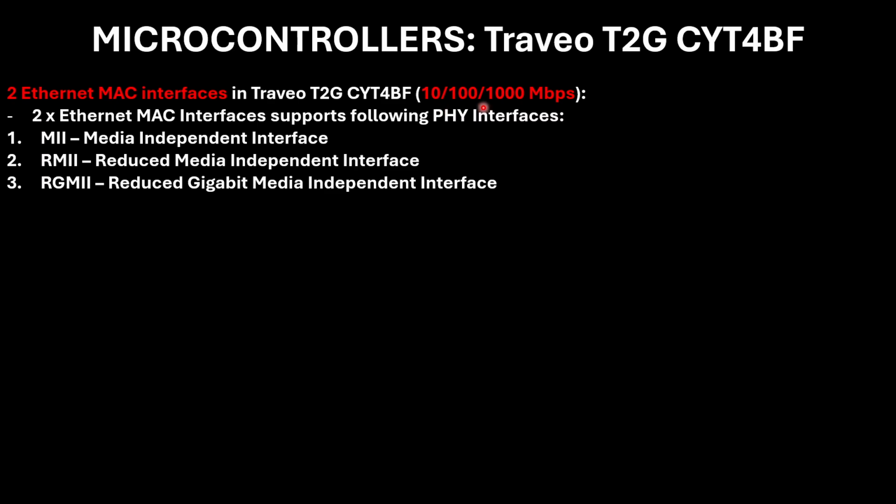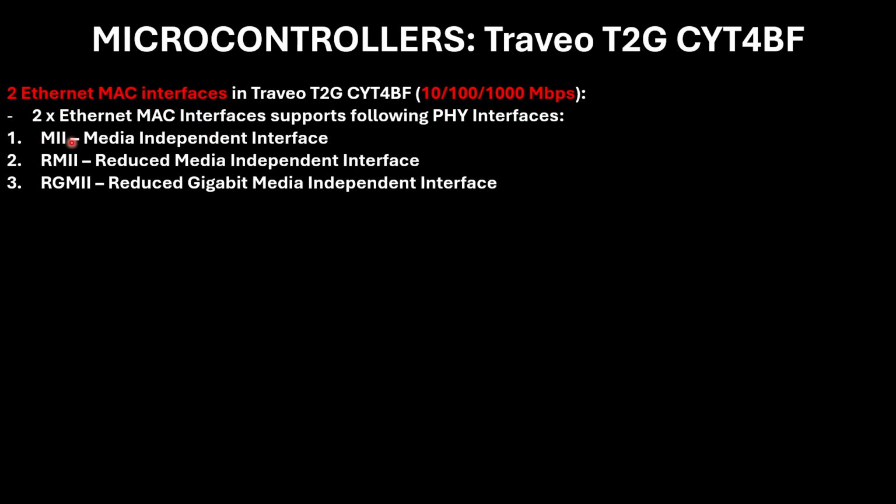We have the speeds also, and let's see the characteristics and how we can connect them with the PHY layer, which is the first layer, and of course the MAC layer is the second layer.